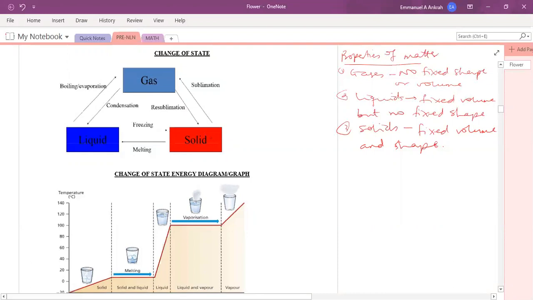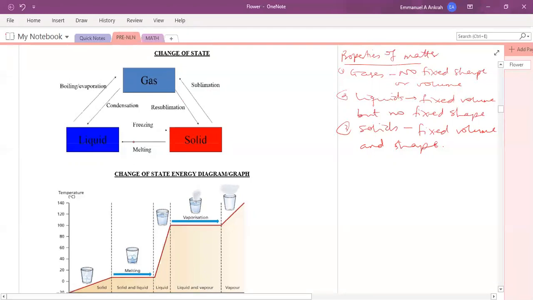And if you're changing from solid to gas, that's sublimation. Okay, they like this word too, sublimation, very important. Changing from liquid to solid, that is freezing, and from solid to liquid, that's melting. Right, those are the change of states.